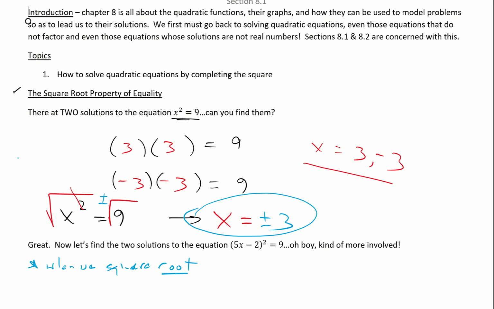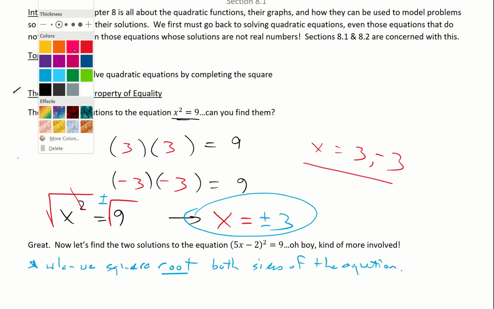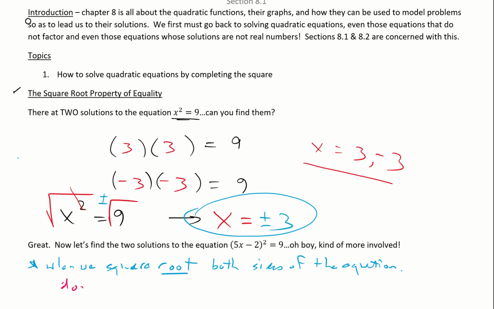But when we square root both sides of the equation, I'll put it in red, don't forget to add the plus minus. The plus minus is important.